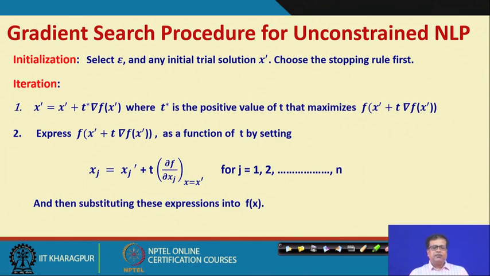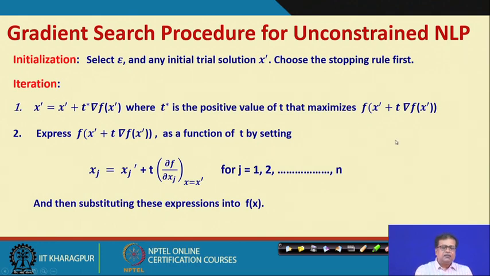Initialization: select a small epsilon value, a trial solution x dash, and choose the stopping rule. Iteration: x dash equals x dash plus t star times the gradient at x dash, where t star is the positive value of t that maximizes the functional value at that x.